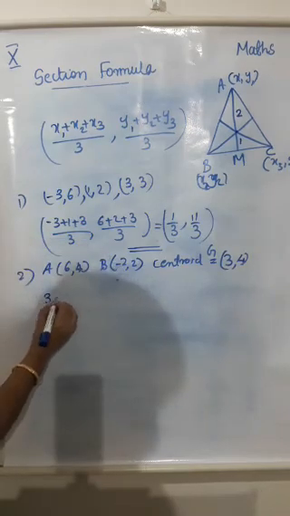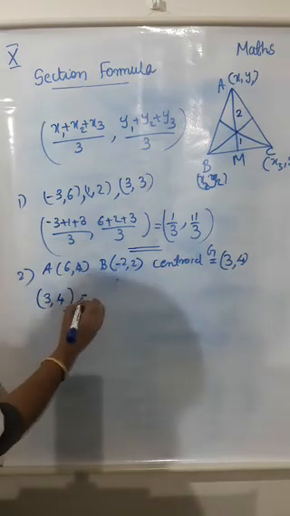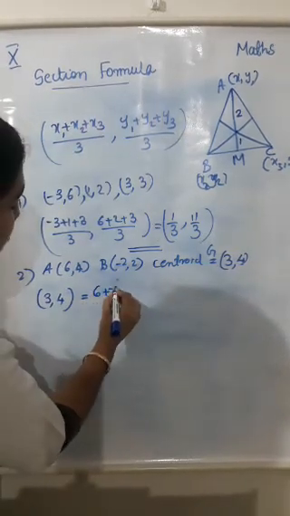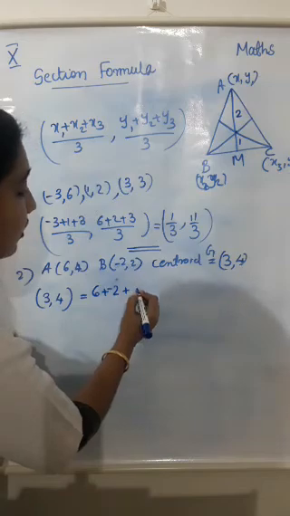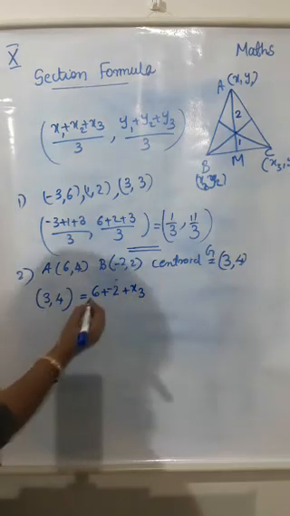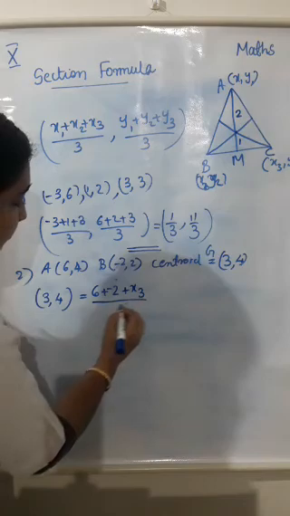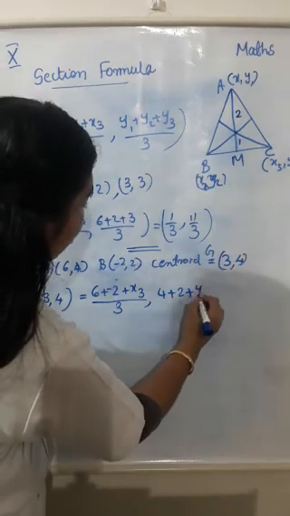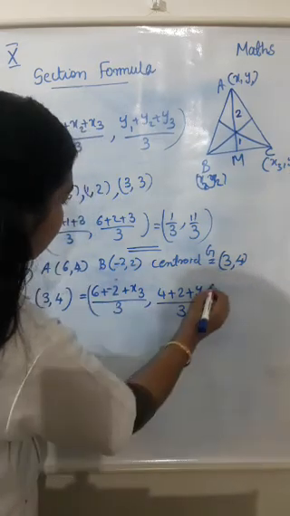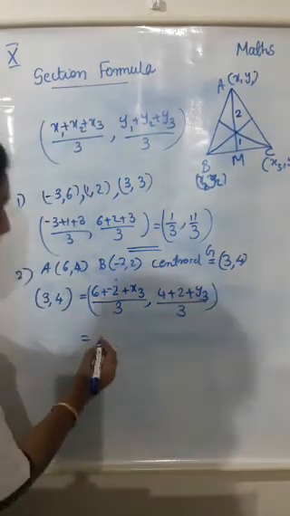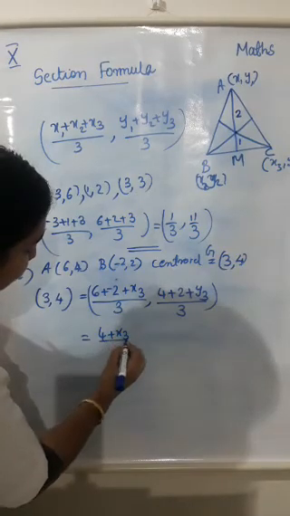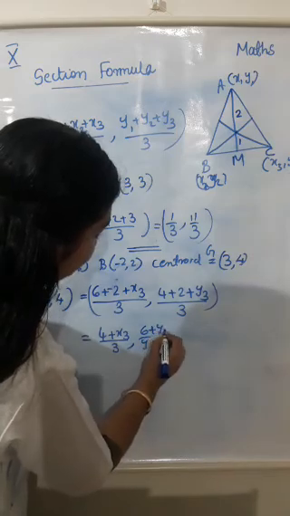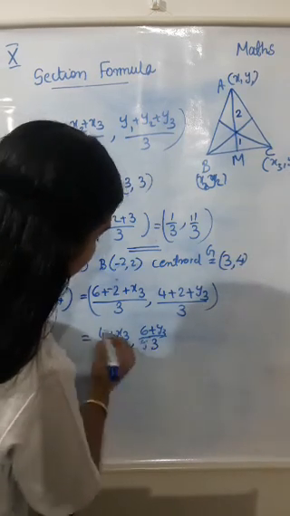So, given that the centroid 3, 4 is equal to x1 plus x2 plus x3, here x1 is 6, x2 is -2, take the third point x3, by 3, comma 6 plus 2 plus y3 by 3, which is equal to 6 plus -2, that is 4, 4 plus x3 by 3, 4 plus 2 is 6, 6 plus y3 by 3.